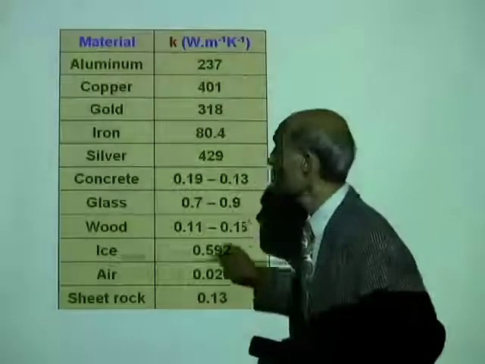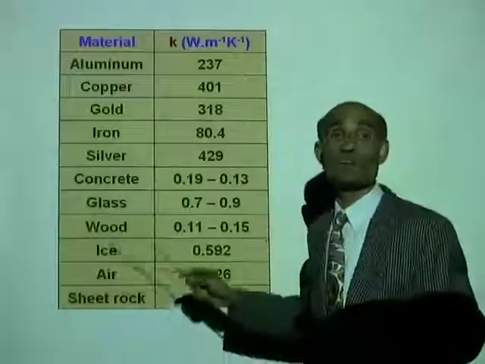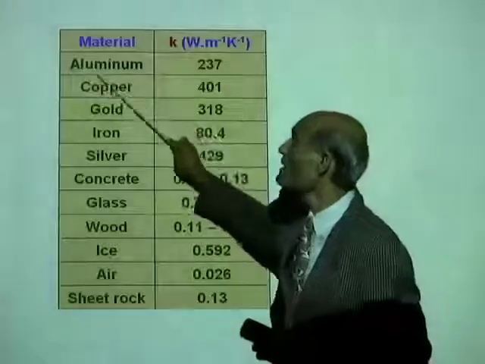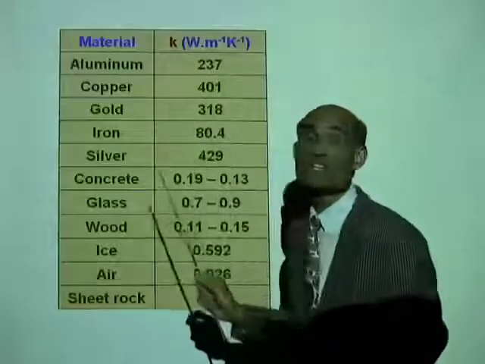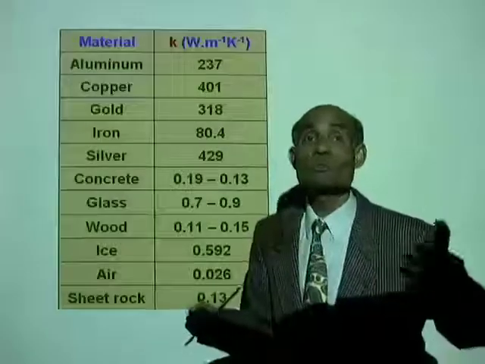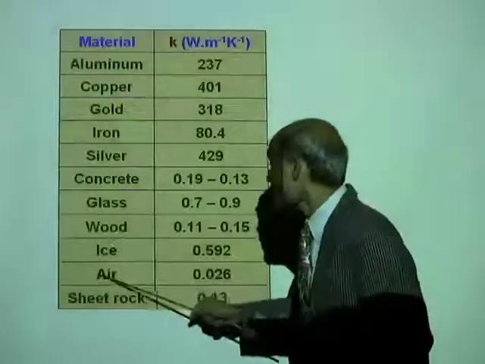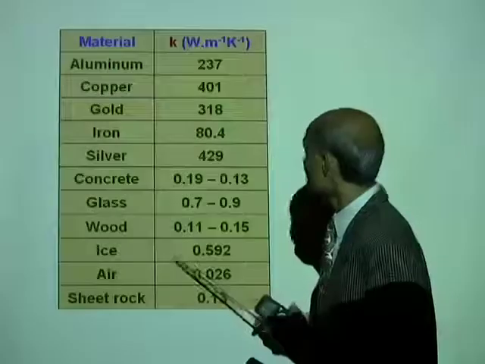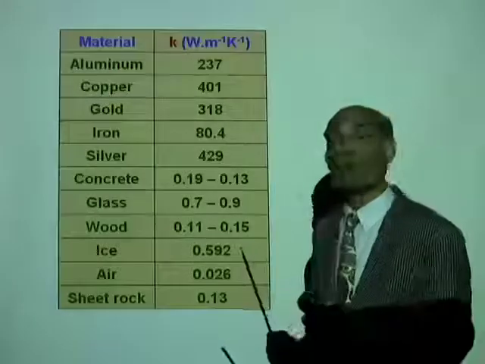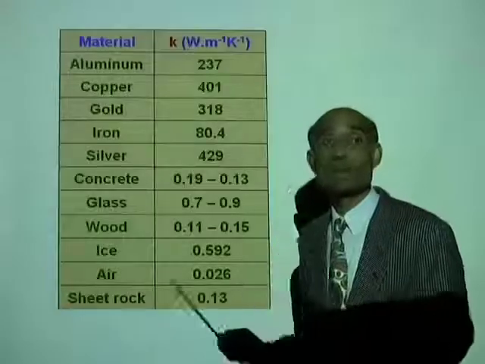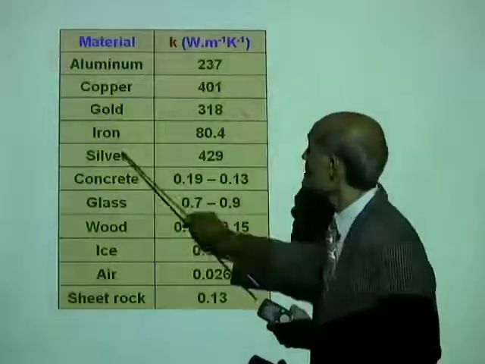Now here I have given you some values of the thermal conductivities of some common materials. Aluminum has a thermal conductivity of 237 watt per meter per Kelvin, whereas air has a thermal conductivity of 0.026 watt per meter per Kelvin. So we say aluminum is a good conductor, or silver.